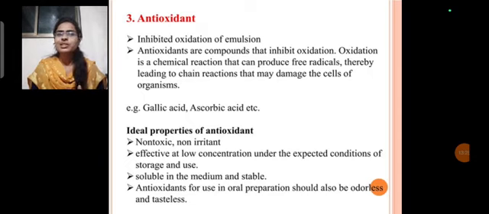Oxidation is a chemical reaction that can produce free radicals, thereby leading to a chain reaction that may damage the cells of an organism. Examples are gallic acid, ascorbic acid, etc. Then we can see the ideal properties of antioxidant. Antioxidants are non-toxic, non-irritant. They are effective at low concentration under the expected conditions of storage and use. They are soluble in the medium and stable. Antioxidants for use in oral preparation should be odorless and tasteless.